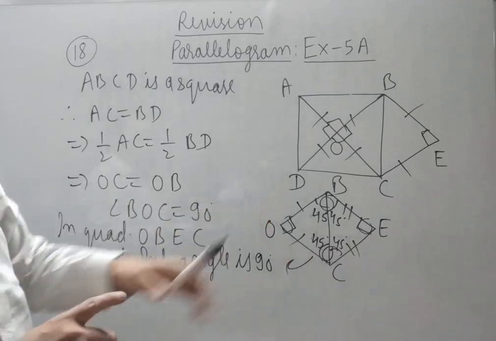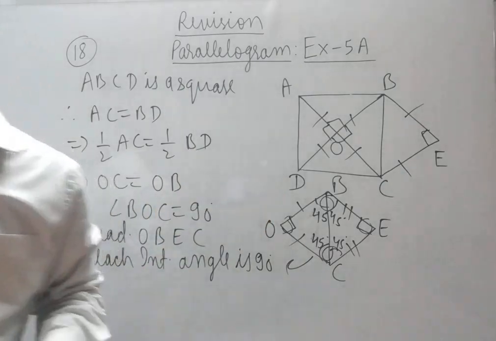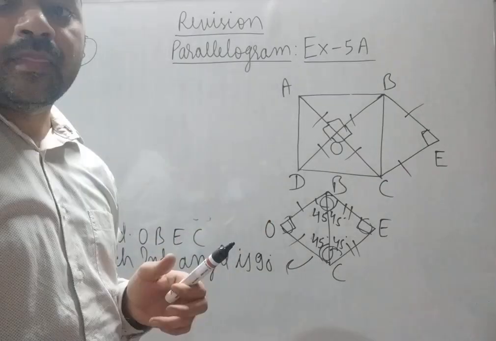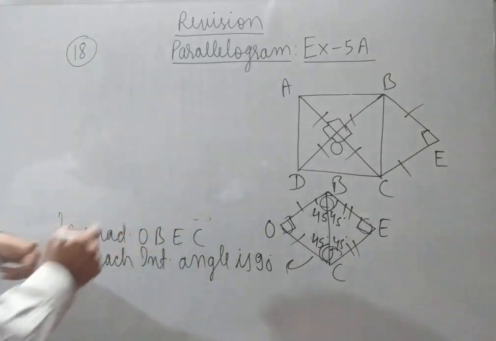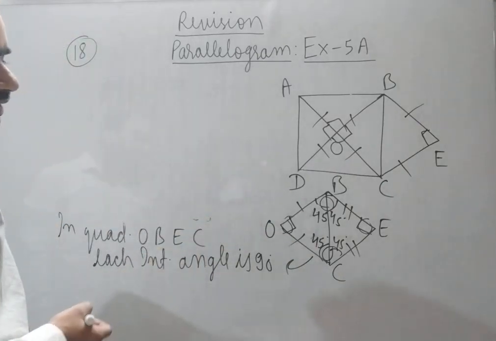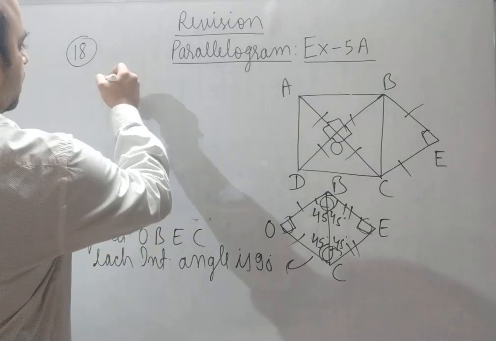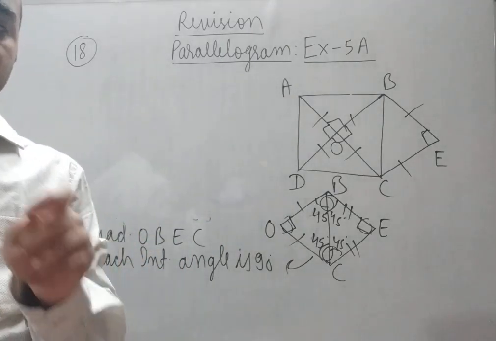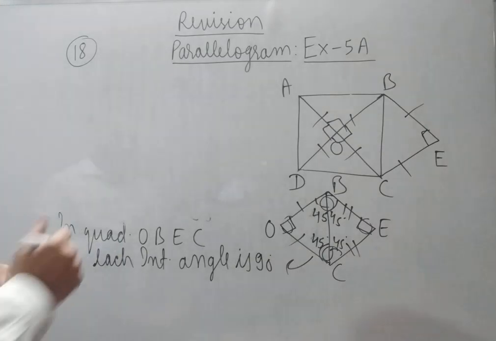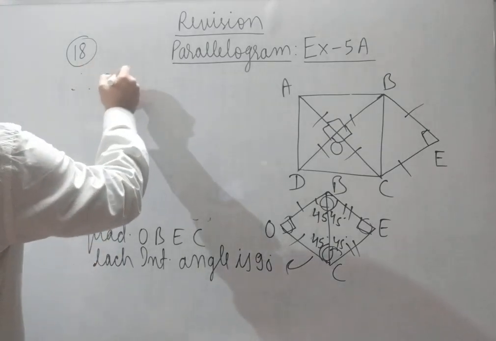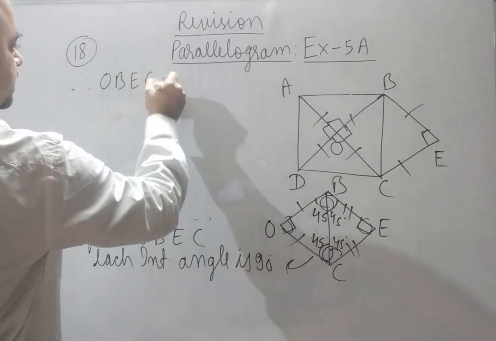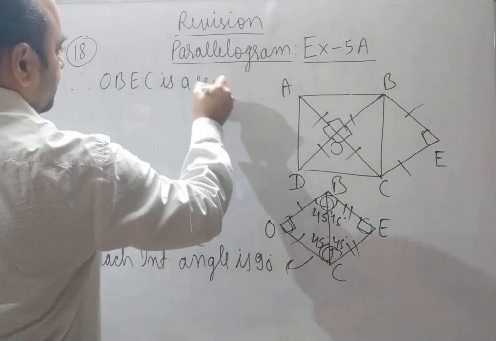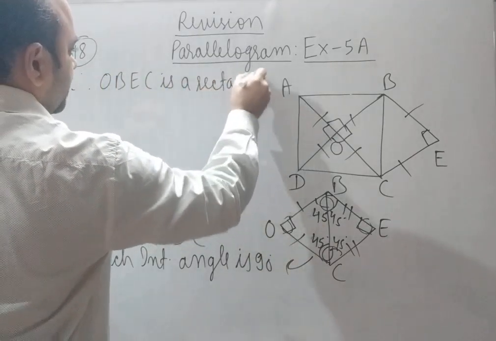Now we have to prove all sides are equal. Already in quadrilateral OBEC, now before that, if in a quadrilateral each interior angle is 90 degrees, it means therefore OBEC is a rectangle, correct?